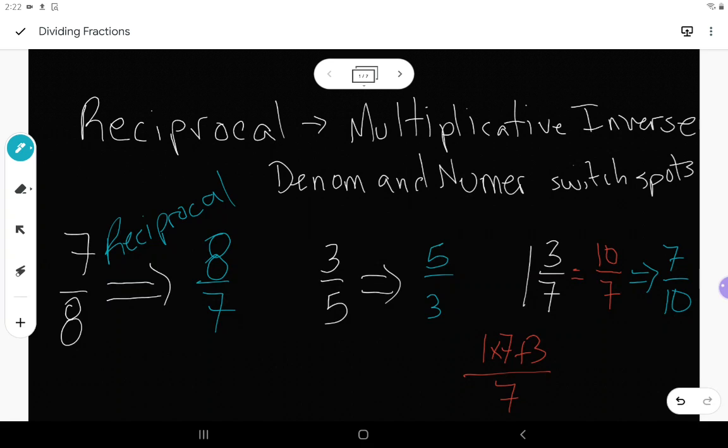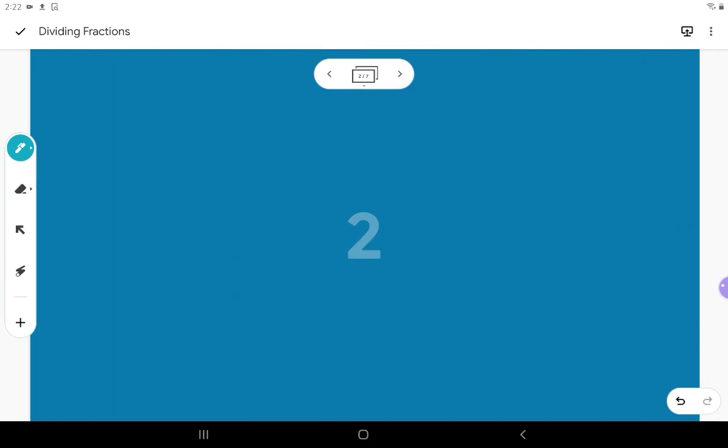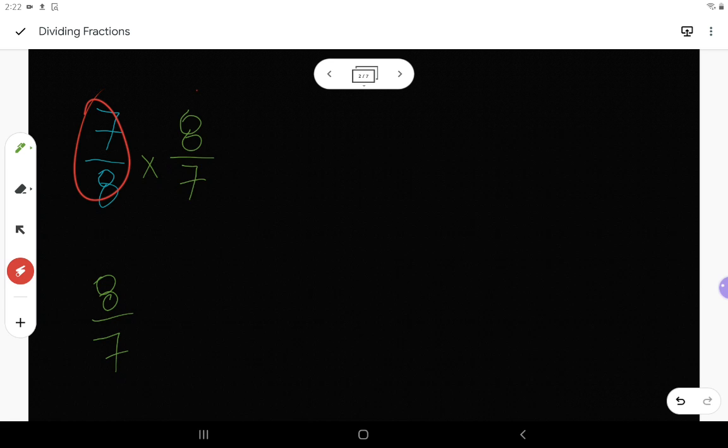Now it's called the multiplicative inverse, and the reason is this: if I take my 7 over 8 and its reciprocal, 8 over 7, and multiply those two fractions together, I get some nice cross-reducing. 8 and 8 are both divisible by 8, so that gives me 1 and 1. 7 and 7 are also both divisible by 7, giving 1 in the numerator and denominator.